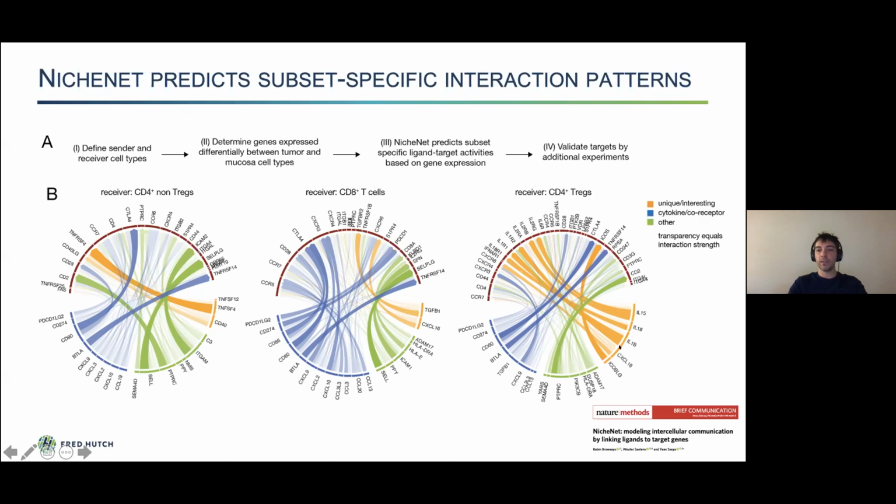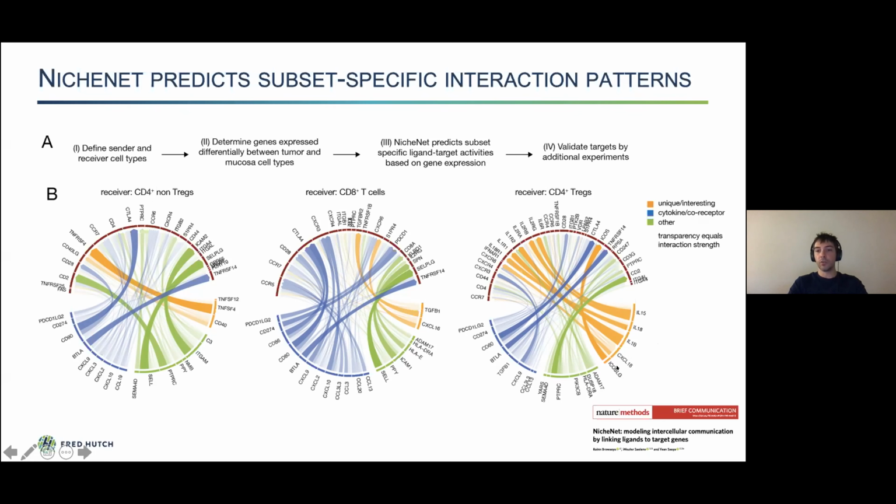And we were really stunned when we saw that NICHENET predicted that ICOS ligand, IL-1 beta, IL-18 and IL-15 are potentially only signaling to the Treg population and not so much to any of the other T cell populations in the tumor.